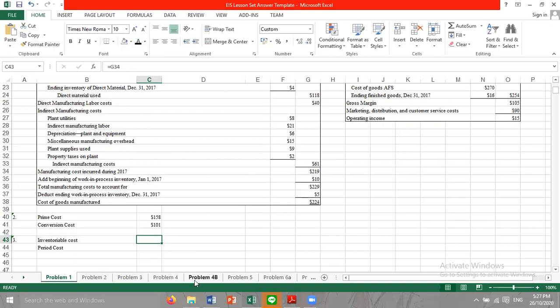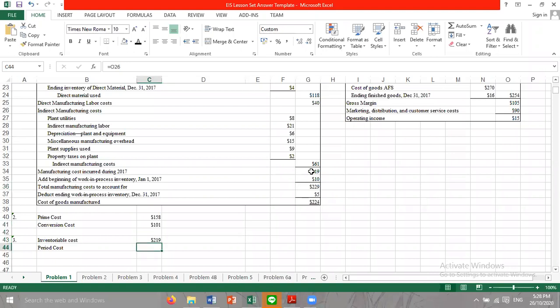Now, the third question, we are asked to find inventoriable costs and period costs. Okay, once again, as mentioned before, inventoriable cost is all costs of a product that are considered assets in a balance sheet, or practically it's cost of goods sold. So all we need to do is just find the inventoriable cost, and we'll be able to get manufacturing $219, or manufacturing costs incurred during 2017.